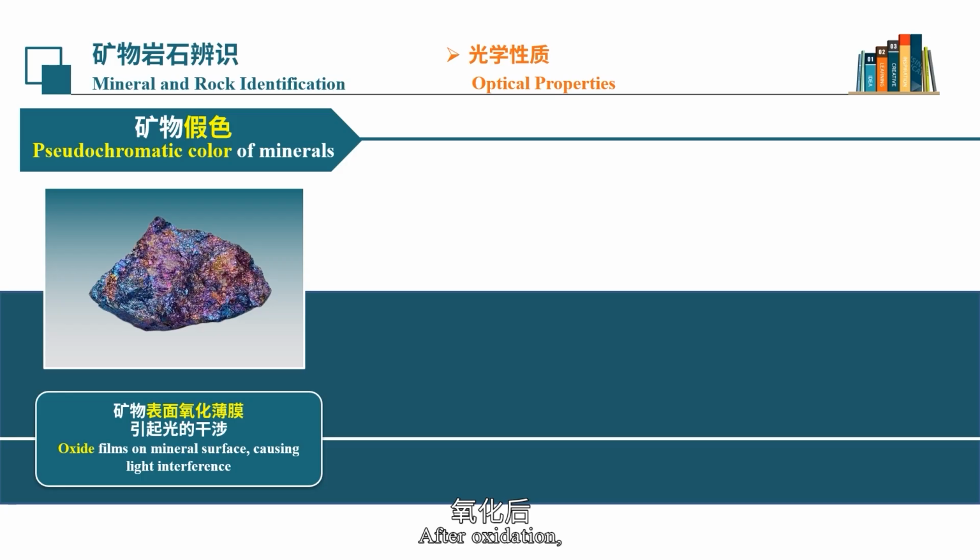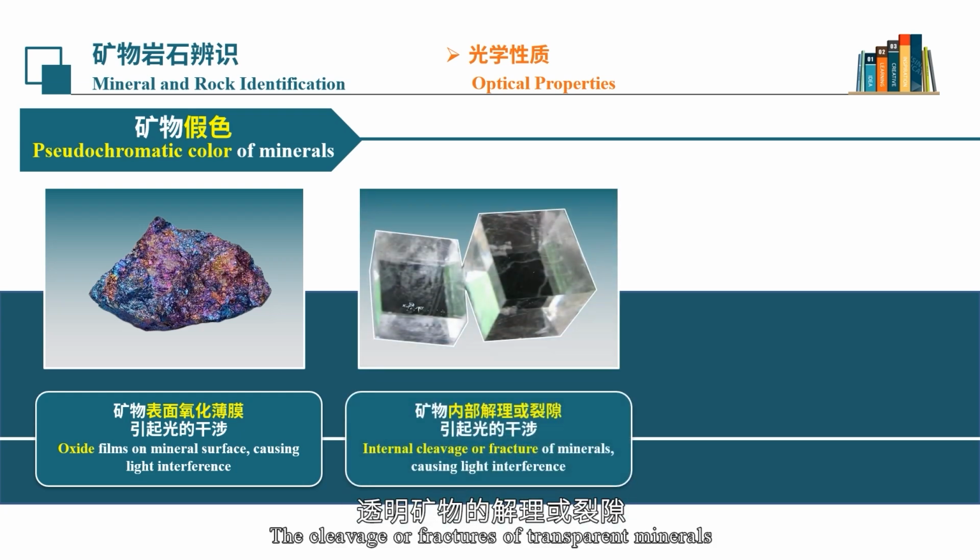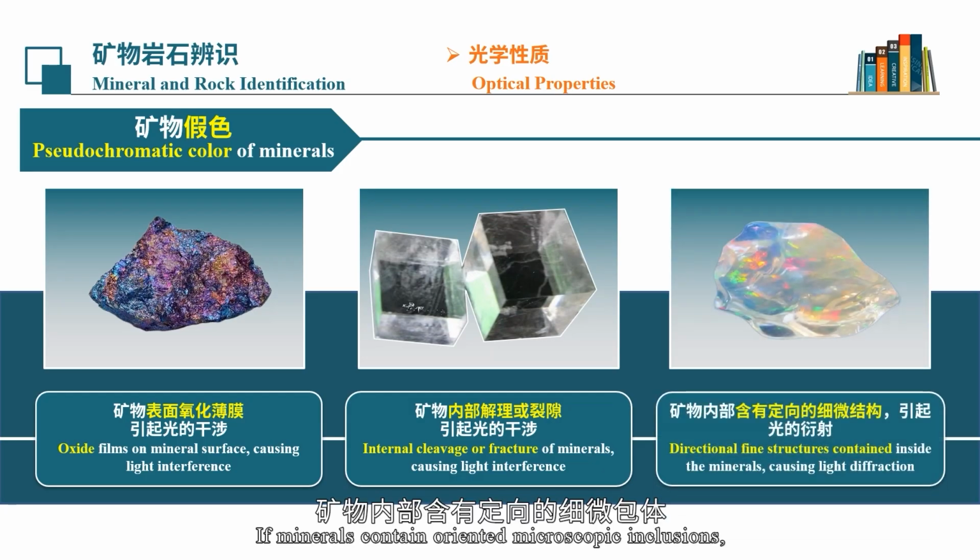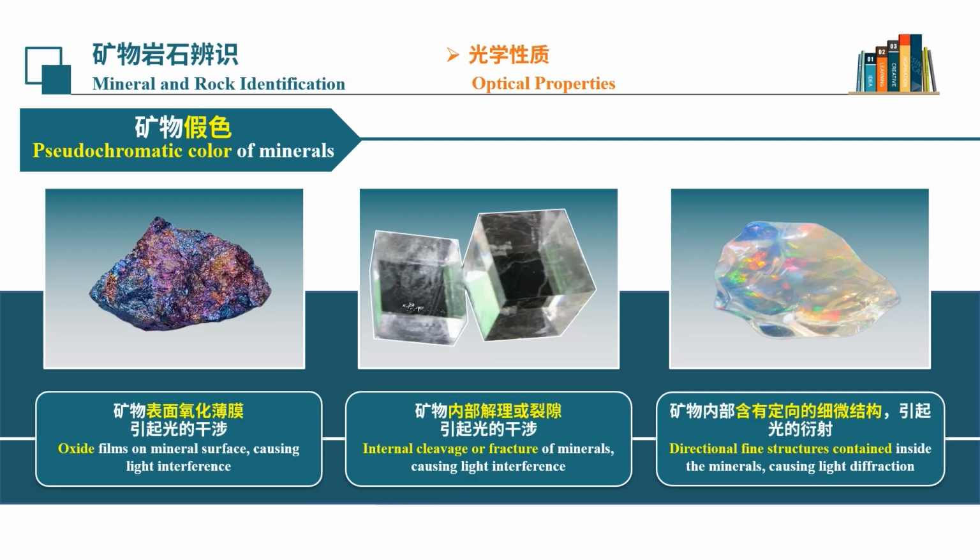After oxidation, it exhibits a bluish-purple hue due to light interference caused by a surface oxide film. The cleavage or fractures of transparent minerals can sometimes cause light interference, resulting in iridescent halos. If minerals contain oriented microscopic inclusions, when we rotate the mineral, it can exhibit changing colors.